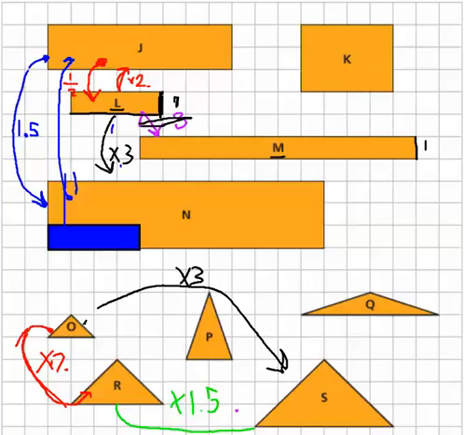So then 4 times 3 would get you to 12. So you can tell that the scale factor is 3.